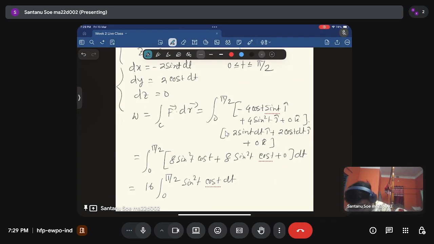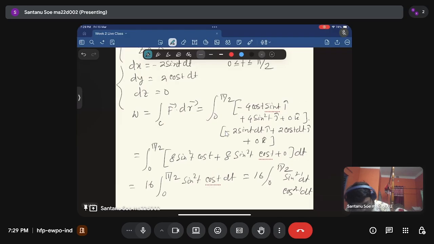Okay, so this is 16 times 0 to pi by 2 sin to the power 3 minus 1 t, cos to the power 2 minus 1 t dt, right?